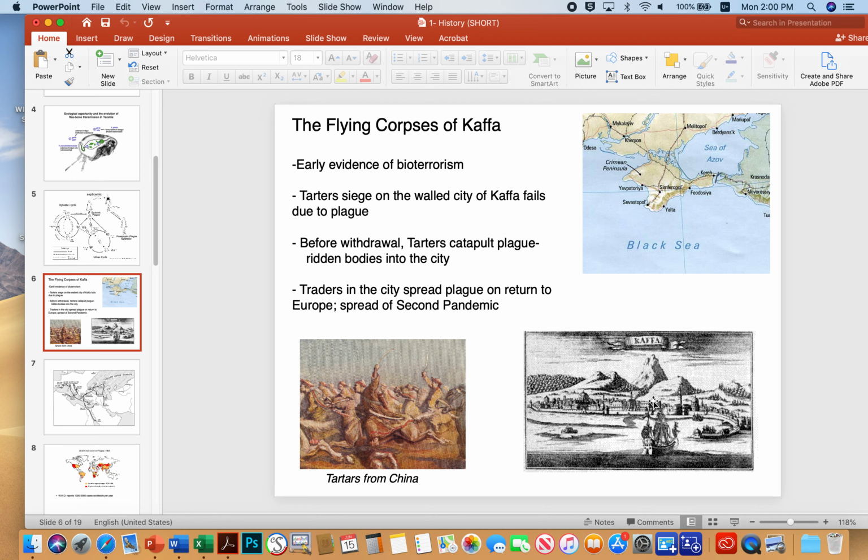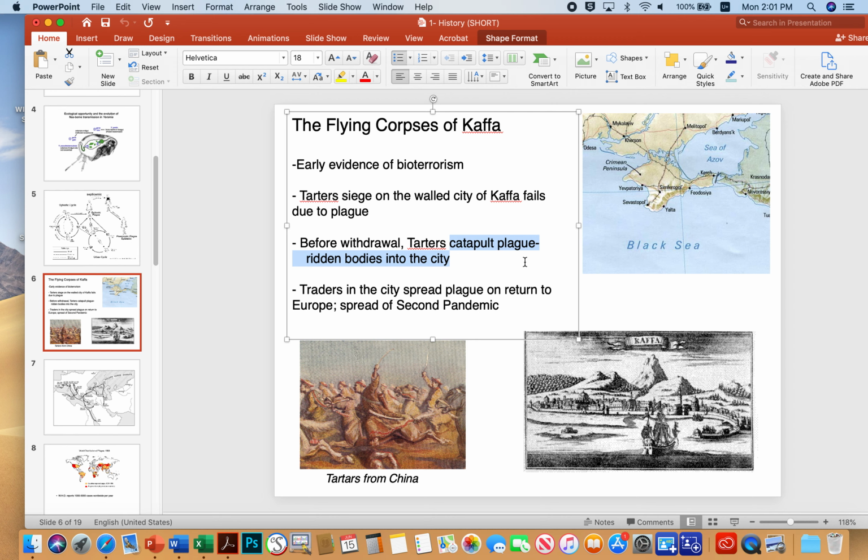It was a long siege, by the way, I think years-long siege. But anyway, they called off the siege eventually, but not before lobbing a bunch of catapulting plague-ridden bodies into the city in order to, I don't know, thumb their nose at them for winning the fight, winning the standoff, I guess.